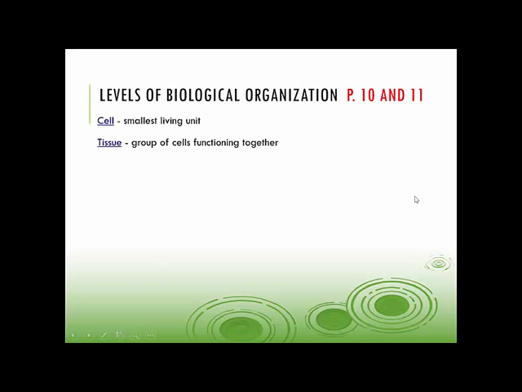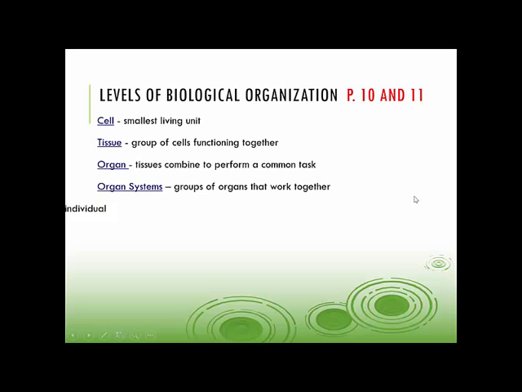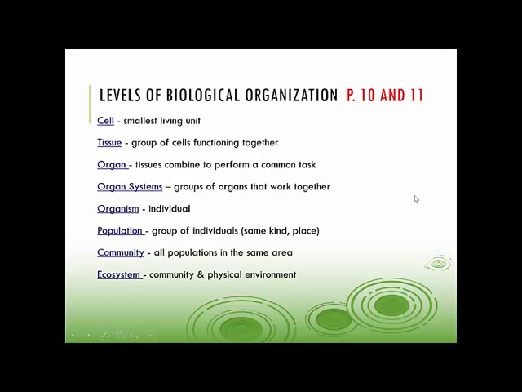So if we were to talk more specifically about this, and on page 11 you will see that this goes into greater detail. So you have your cell, which is your smallest living unit, and then here I want you to begin to think about your cell theory. Tissues are groups of cells. I already talked about that. Organs are tissues combined. Groups of tissues make up an organ. So like the stomach is an organ.